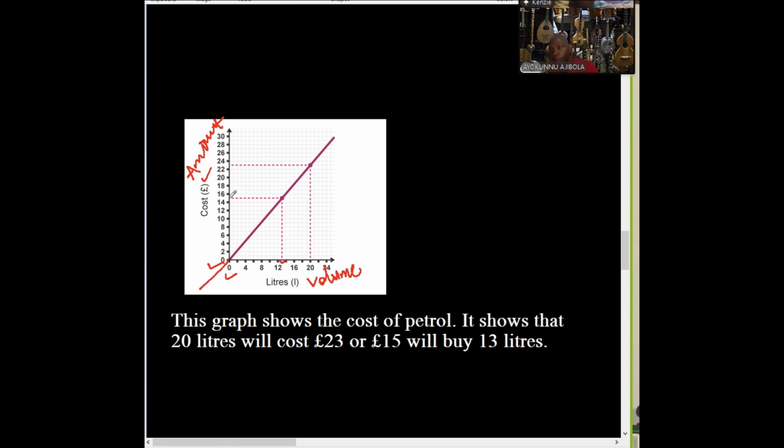Then if you trace it, if you pay 15 pounds, you're going to buy something around 13 liters. Or is it 13 now? This should be more than 13. This should be 15 liters, that's below 16. So let me correct that to 15.